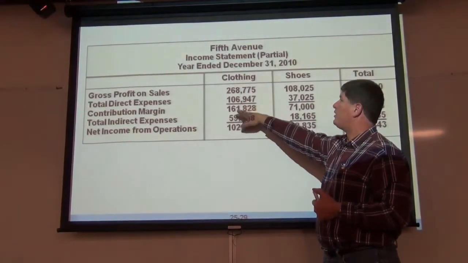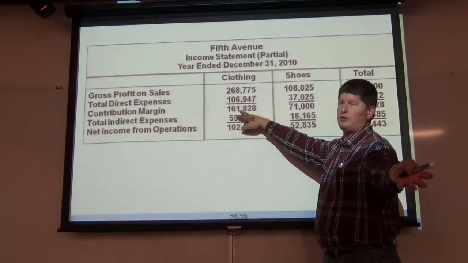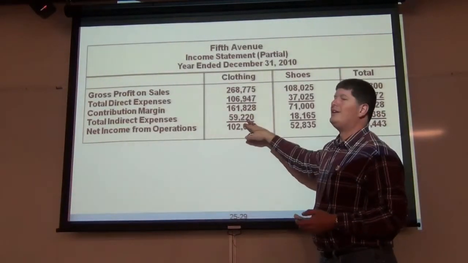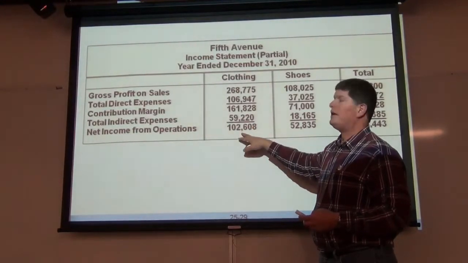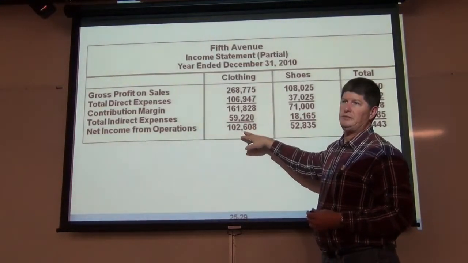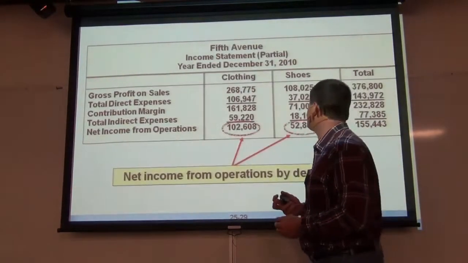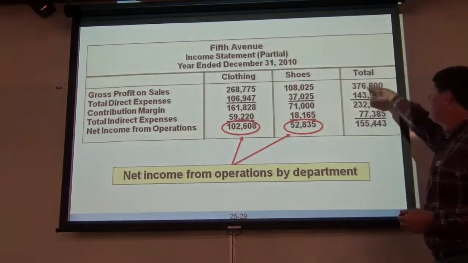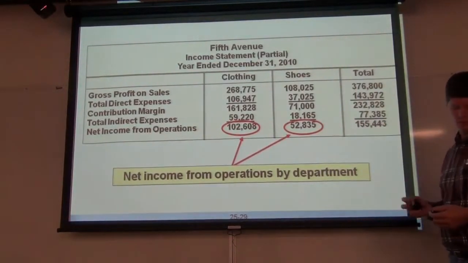Gross profit minus direct expenses gives you contribution margin. Then you have your indirect expenses. And then you get net income. Good? Okay, everybody's with me. And then the total over here. You just total the two columns across, do the math.